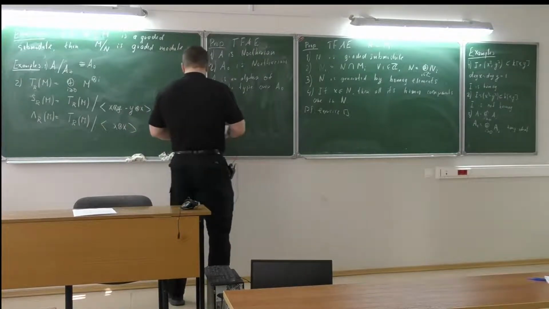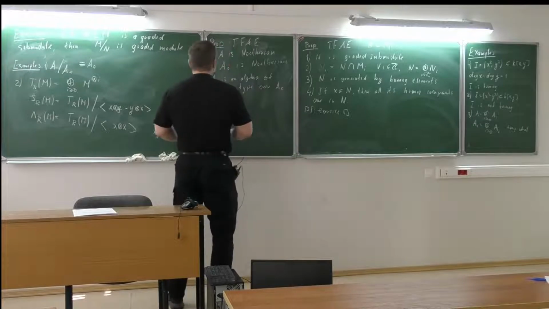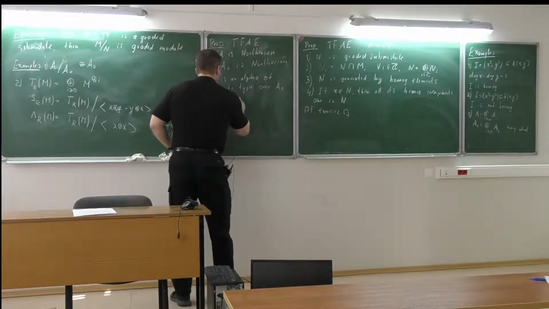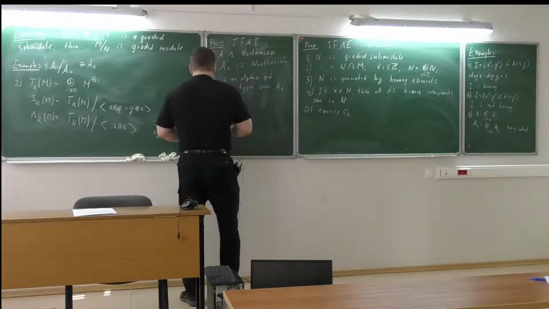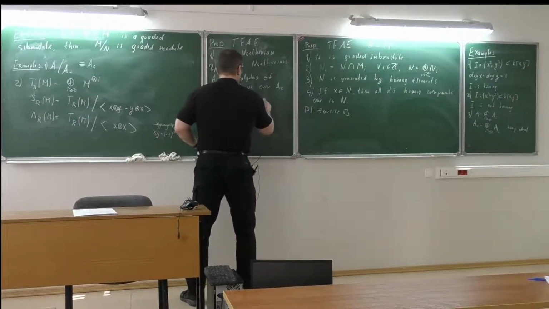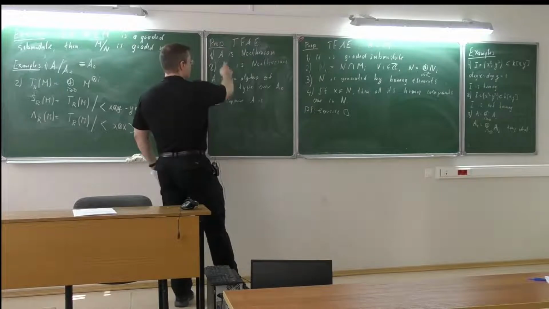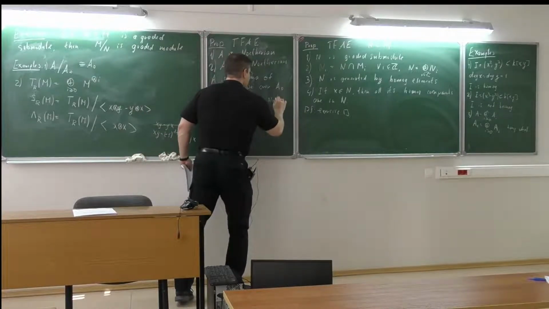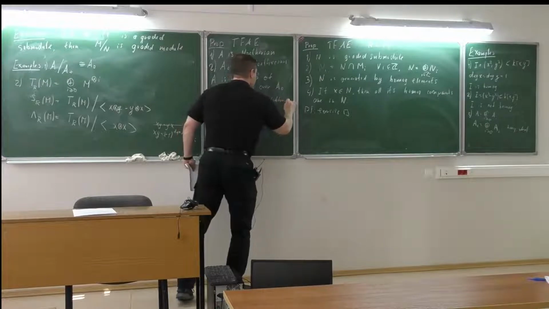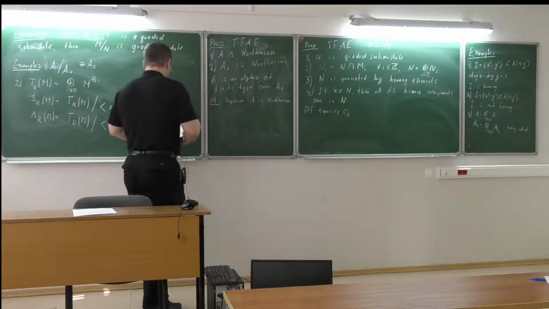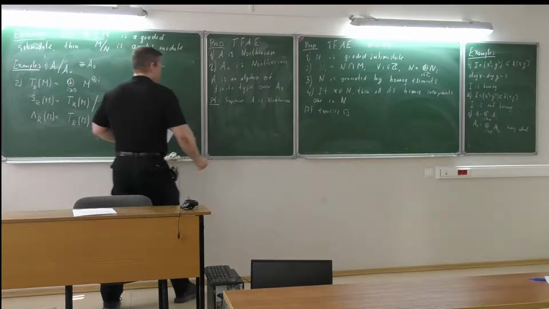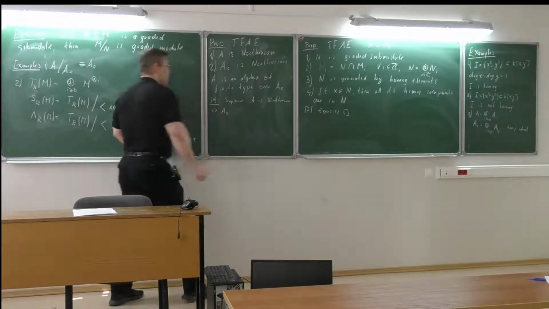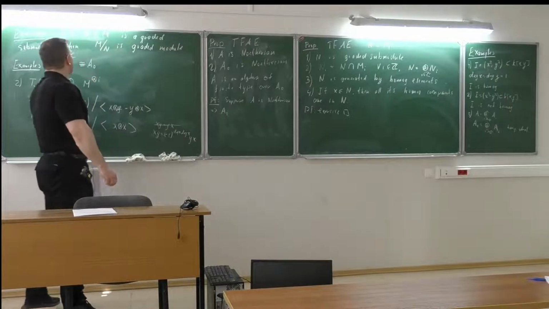So proof. First suppose that, we suppose that A is Noetherian, from 1 to 2. So then, of course, we automatically get that A0 is Noetherian, since this is just a quotient.